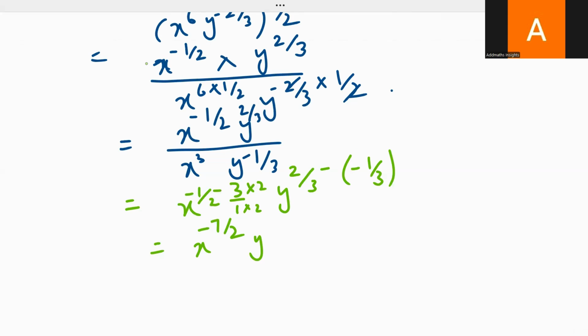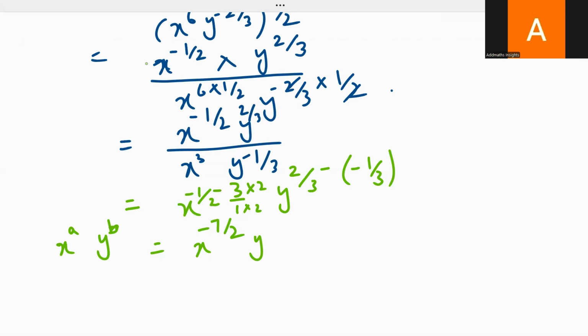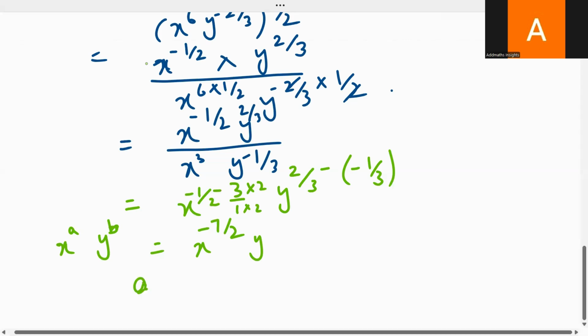And given that this whole expression is equal to x^a y^b. Now you can compare these indices and you find that the value of a is minus 7 by 2 and value of b is 1.